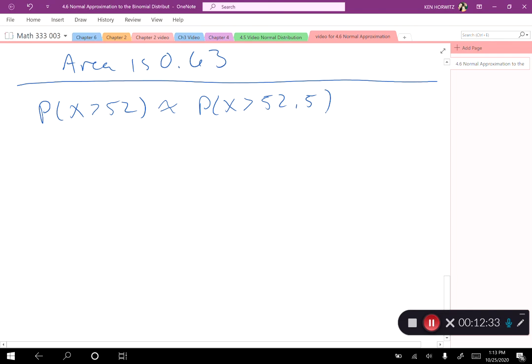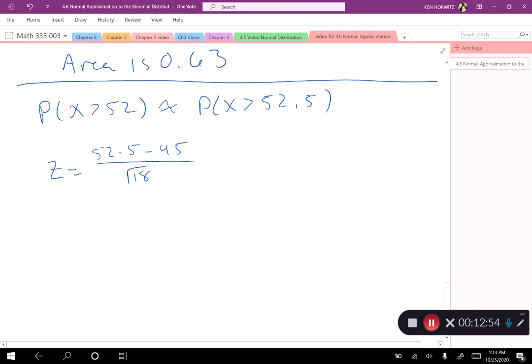I already checked to see if I can use the binomial, so I don't need to check again because I'm using all the same numbers. So my z-score equals 52.5 minus 45 all over the square root of 18.